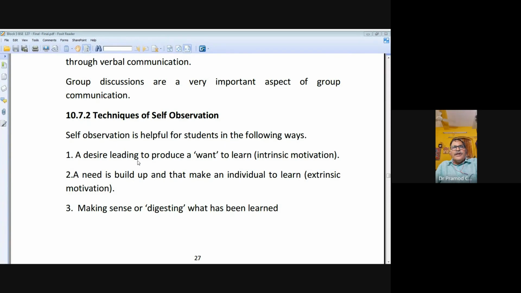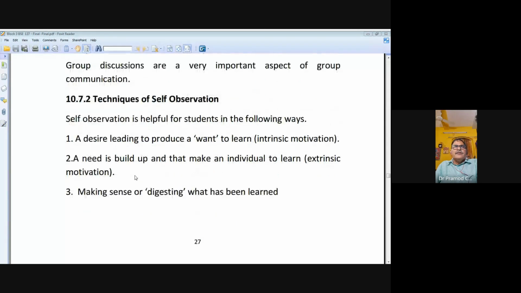What do you mean by self-observation? Self-observation means that intrinsic knowing: I know what I am. You know your weakness. You know your strength.